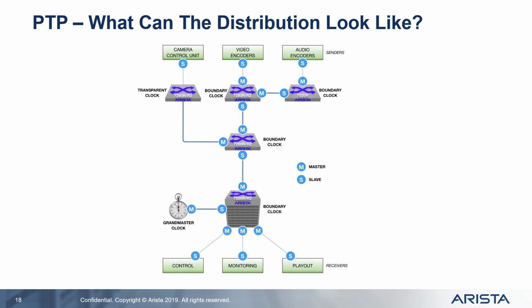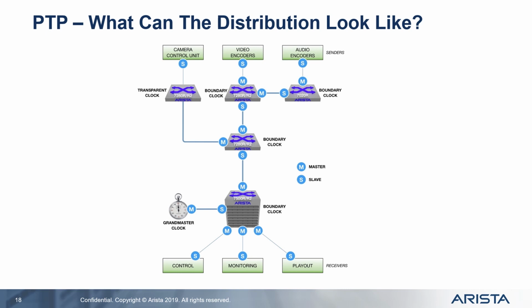So there will be 2 grandmasters in the system, which could be really damaging, especially in this case where GM1 has also lost its GPS. So both sides might be totally different in terms of their timing. It is possible, or if not necessarily losing its GPS, but just powered off as well. You don't want to have 2 grandmasters, 2 different time sources in your network. That's just a recipe for disaster.